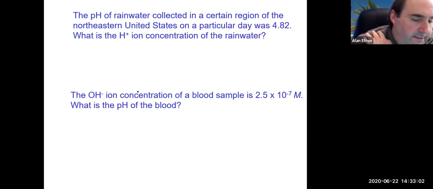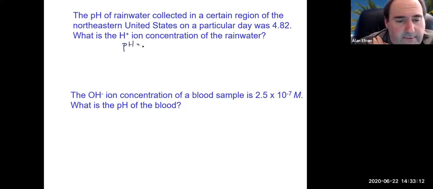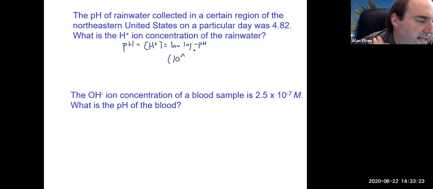Okay, so let's take a look and see. In this first one, we're given the pH and we're looking for the H plus concentration. So again, if you are given the pH, that's going to allow you to get to the H plus by taking the inverse log of the minus pH. Again, on your calculator, when you punch that in, it usually will pop that 10 and a caret up.